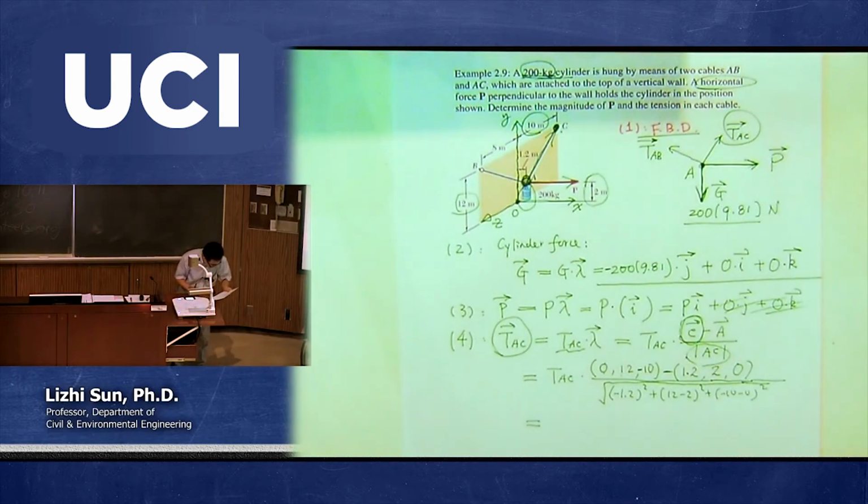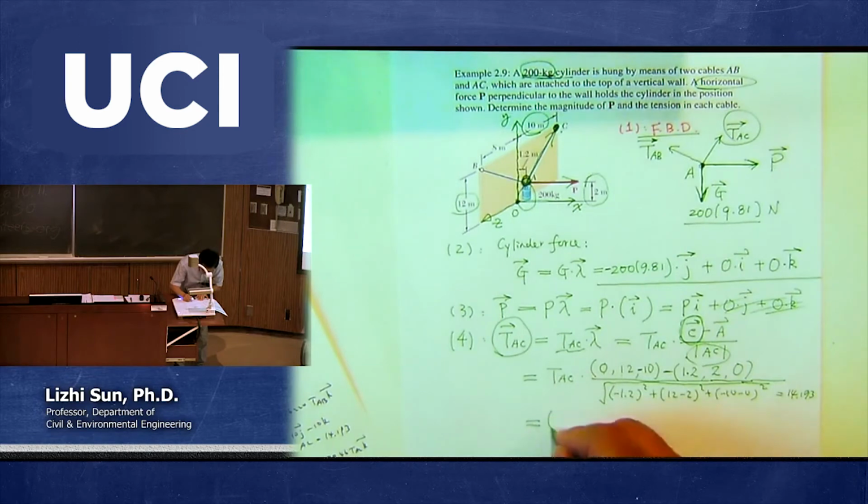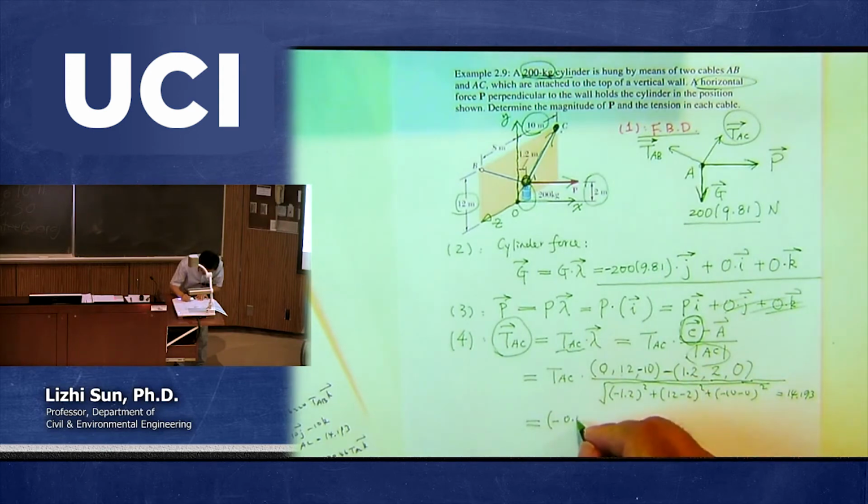I think this denominator is in fact equal to 14.9193, and then you finally end up with negative 0.08455, because 0 minus 1.2 is negative, divided by this one, and then times TAC.